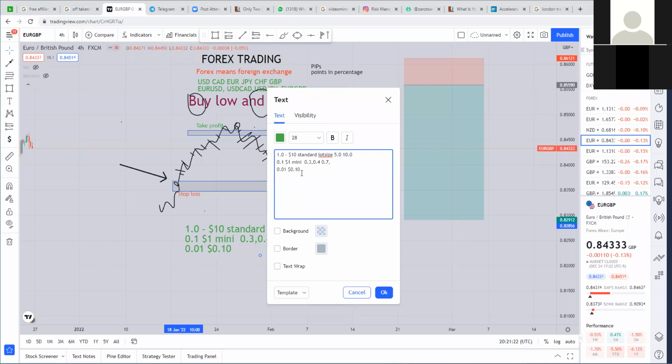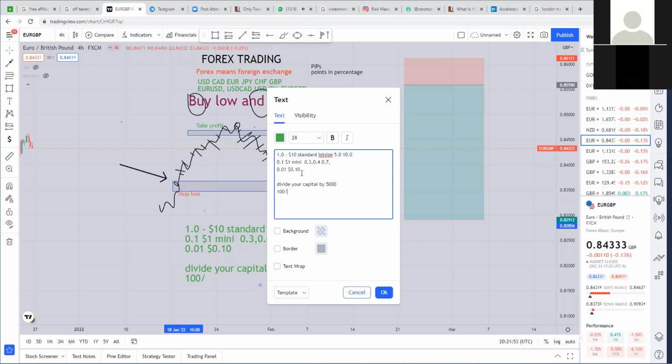So for me, one of the things I do for proper risk management, because when I started trading, this is what I do. I don't do it anymore, but I can advise a beginner to do it: divide your capital by 5,000. So this will help you to know how much to use. Let's say $100 divided by 5,000.